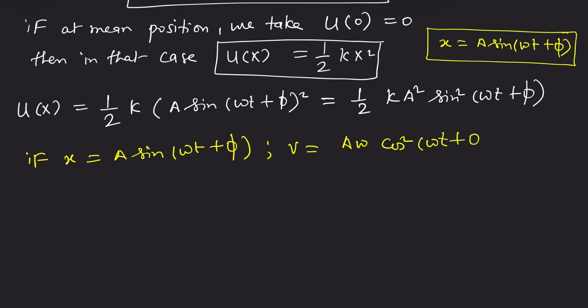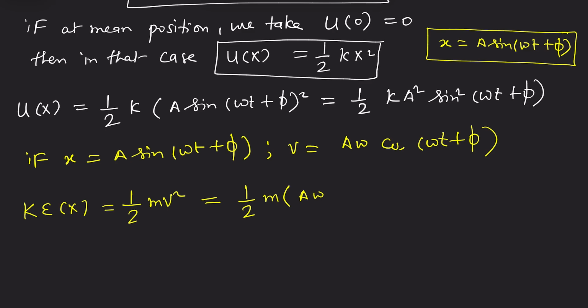So if we take this idea, I can say that the kinetic energy at the position x will be simply half m v square, and that will be half m a omega, sorry guys, I think I have made a very silly mistake here. This will be cos only.